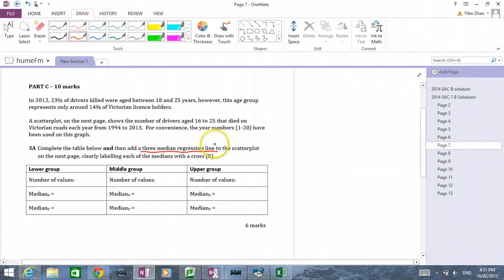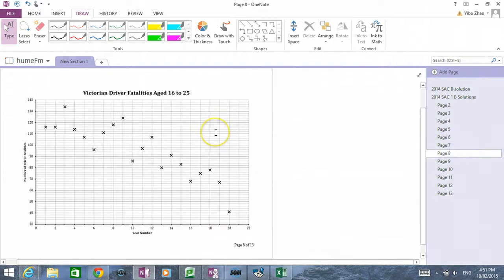So you should have this in your knowledge book, how to do the three medium regression line. If you don't, I'm going to show you this one more time, and you are going to write it in your knowledge book. Okay, now let's go to the scatter plot here.